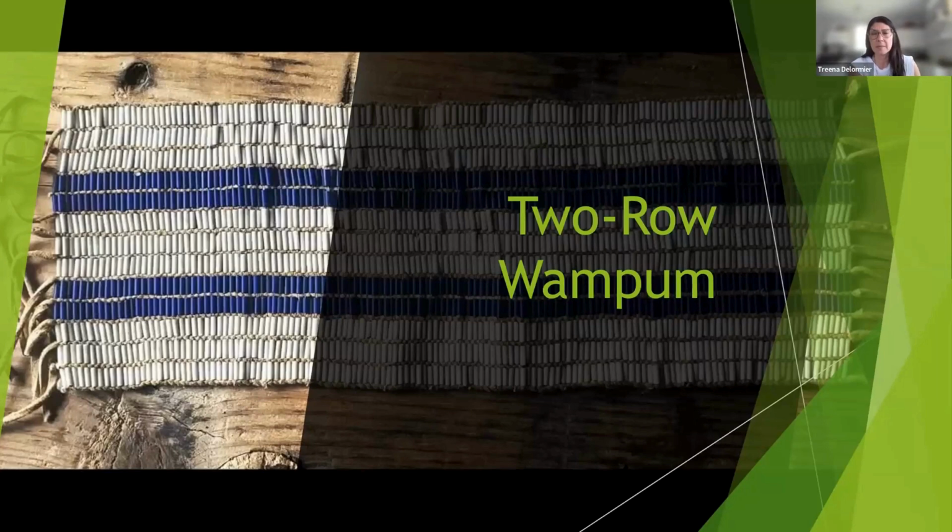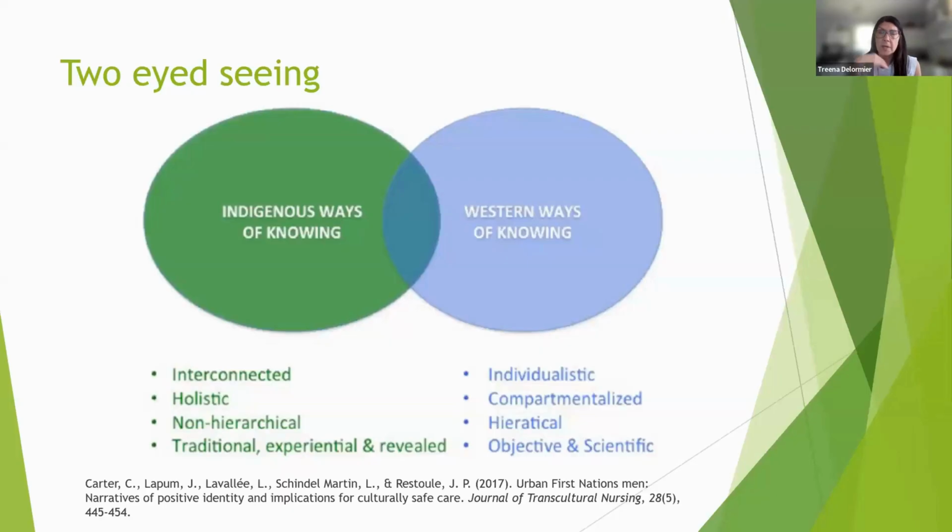So thinking about this in a research sense, I feel there's a challenge because when we talk about how we bring together Indigenous knowledge and Western scientific knowledge, there is this intermingling. And we know that we can't reconcile and integrate knowledge systems, but the idea of two-eyed seeing was proposed by elders from the eastern part of Canada, to bring together Indigenous ways of knowing and complement them with Western ways of knowing.